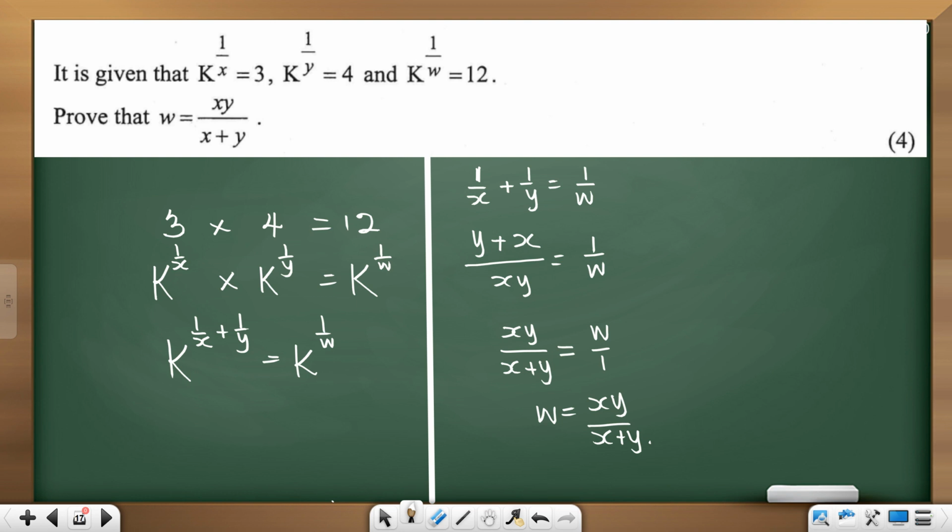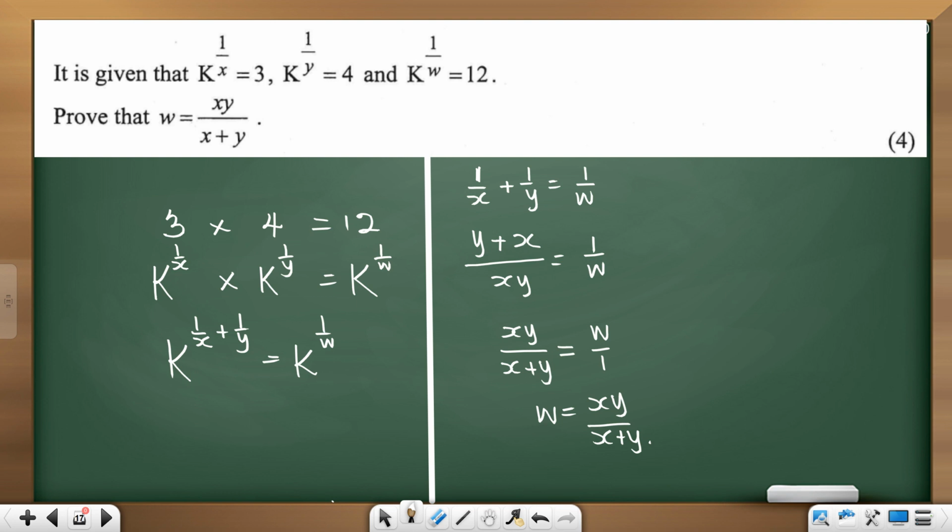Yes, Valencia. Sir, can you please repeat what you said to us? Okay, Valencia, do you understand 3 times 4 is 12, right? Yes? Okay, what is 3? 3 is y. No, sorry, 3 is x.